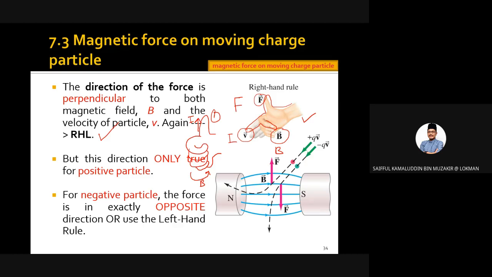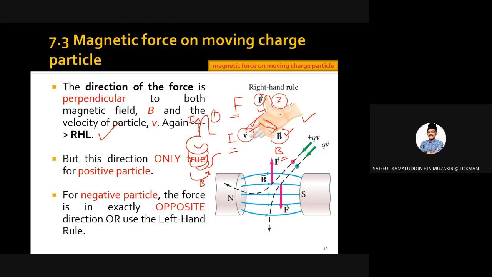The second right hand rule is using FIB to determine the direction of F, I, or B, if any two of the parameters are given. And this is the third right hand rule: use FVB to determine F, V, or B of any moving charged particle.